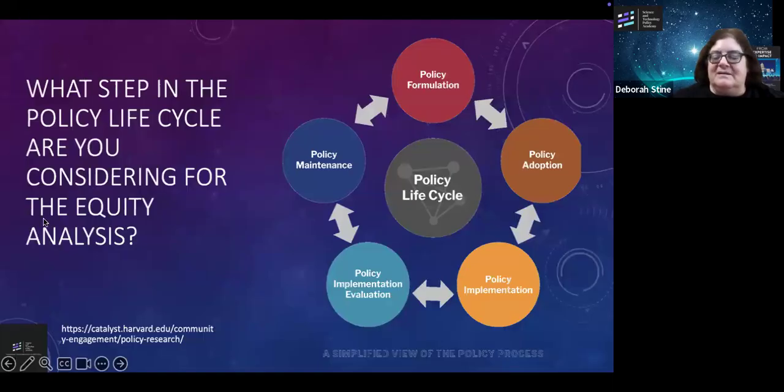In other words, maybe some sort of legislative authority has said, okay, here's a policy, you guys go implement it. But they don't give much guidance, so you have to really be in charge of thinking about it. Looking at the evaluation of the policy, sometimes it's just maintaining the policy, just kind of checking it each year to make sure that it's staying on track, meeting your goals, and it's equitable.